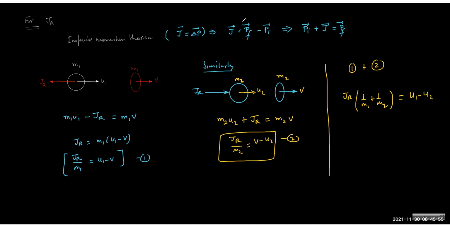So I might have defined something called reduced mass. For any system of particles, the inverse summation of all masses, it could be any number. If you add all masses in inverse, it is equivalent to 1 by mu, and mu is called the reduced mass.